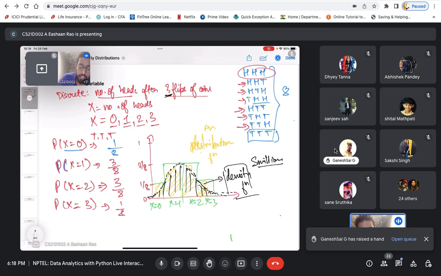And in that scenario, when you have to calculate the probability between x values, like the black region I'm highlighting here, you have to calculate the area under the curve to find the probability.